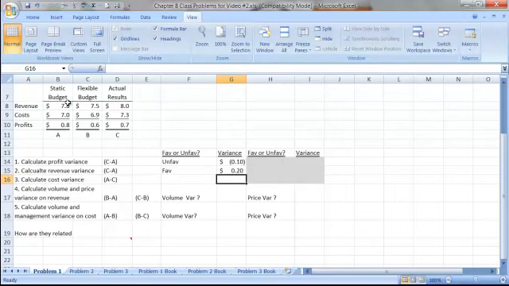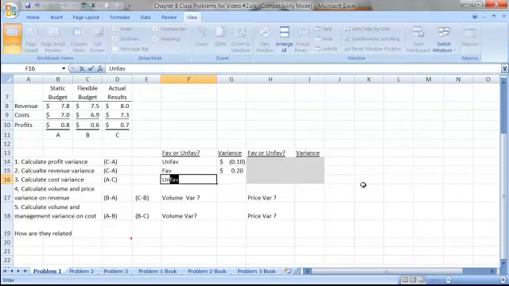Now the next question is, calculate the cost variance. Well, here's the cost. We had a budgeted 7 million in cost. We ended up at 7.3 million. So we had more cost than we had budgeted. That would be, yes, unfavorable.